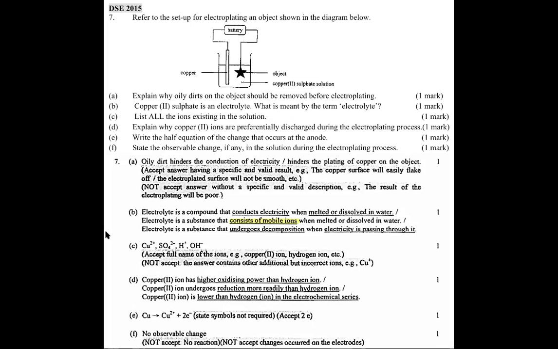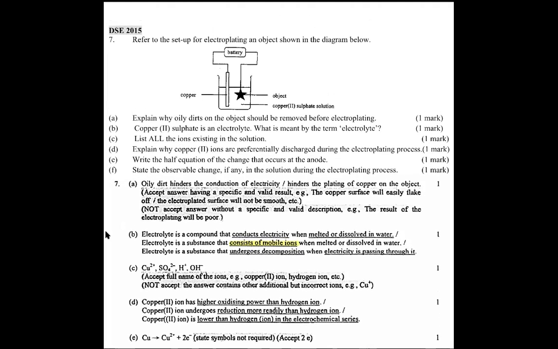Okay, so for this one, some of you made a mistake. You have noticed that the copper ions in the solution would turn into copper and stay on the object. So in principle, you would guess that the color of the electrolyte will become lighter.